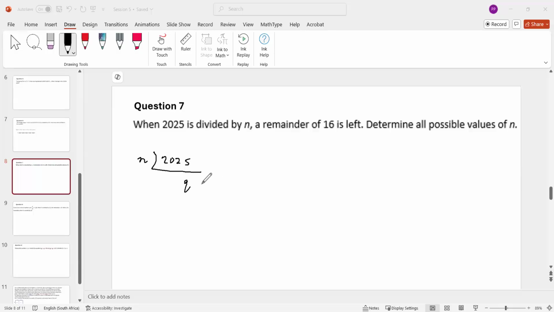Let's call it q. But the remainder is 16. So we don't know what n is and what q is, right? So they ask you what are the possible values of n. Now, what can we conclude from this?